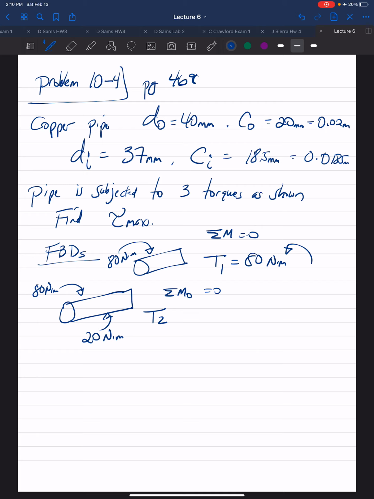This would be 20 newton meters minus 80 newton meters plus T2 equals 0. So T2 is equal to 60 newton meters.